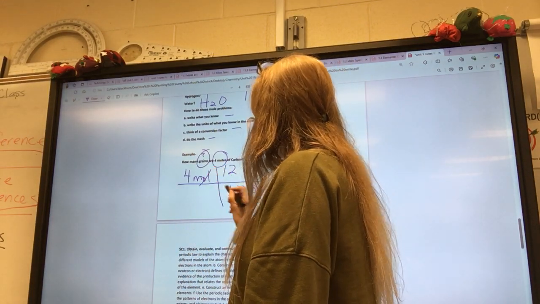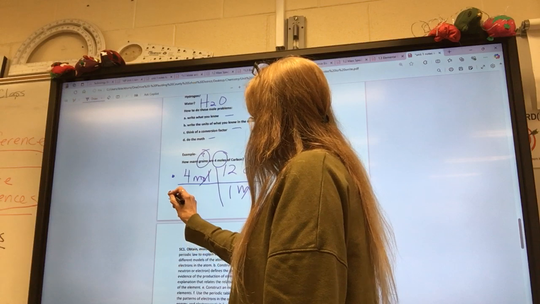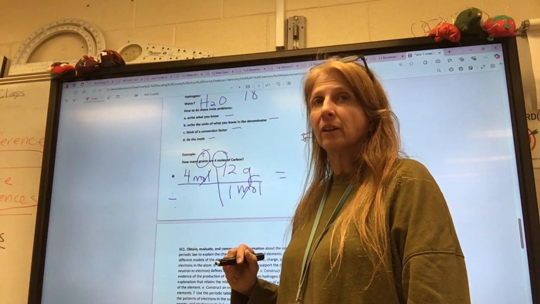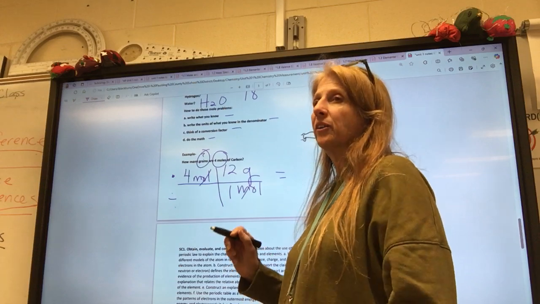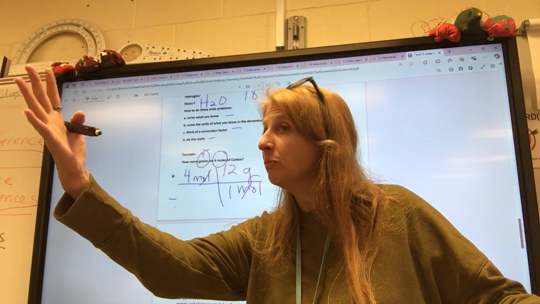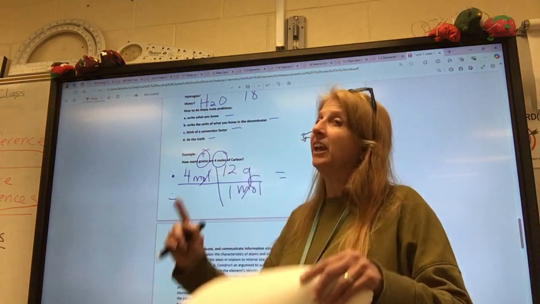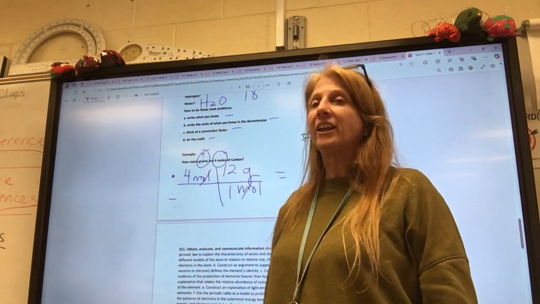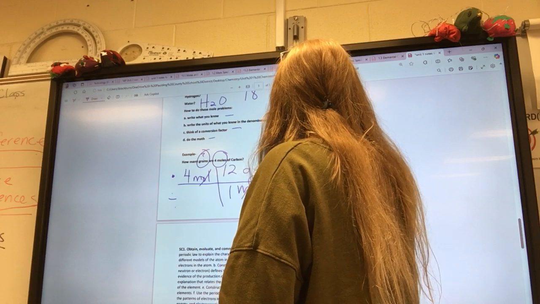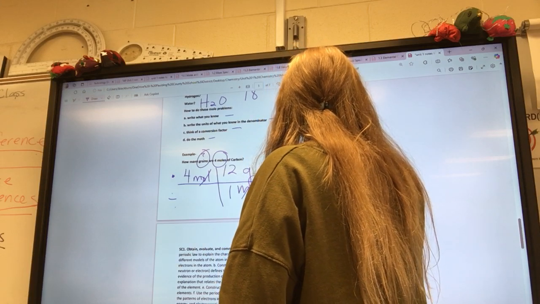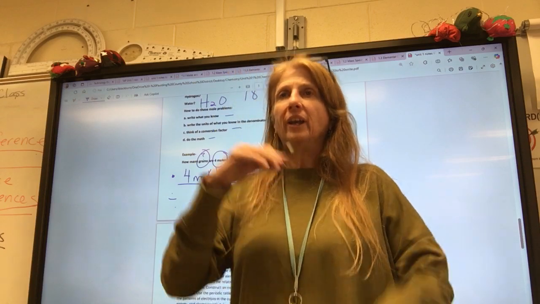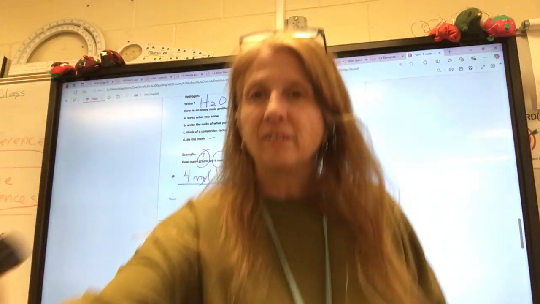Moles cancel out. I multiply anything on top, I divide anything on bottom. 4 times 12 is what? Do you know your 12s? It started with a 0, 12, 24, 36, 48, 60, 72, 84. I tell you, if you're not singing your way through math, you're not having fun. So it's 48 grams per mole. Put a box around it, and that is unit 1. Ta-da! Science is great.